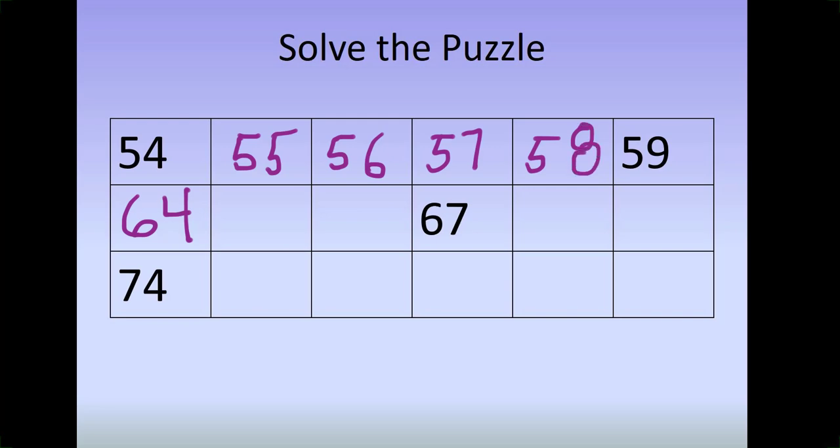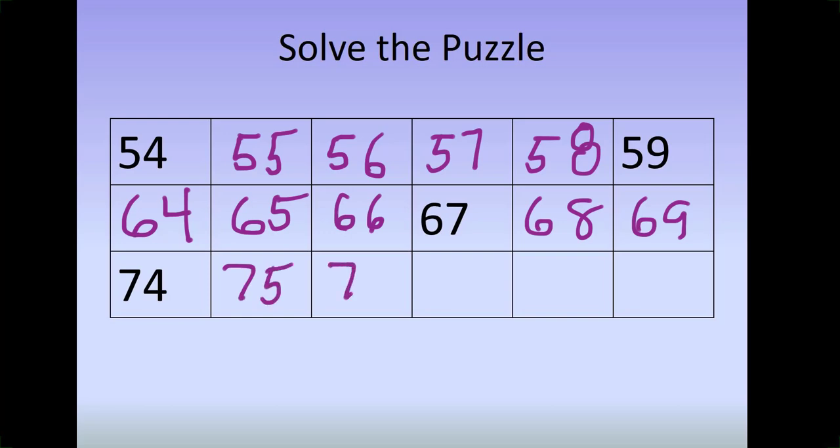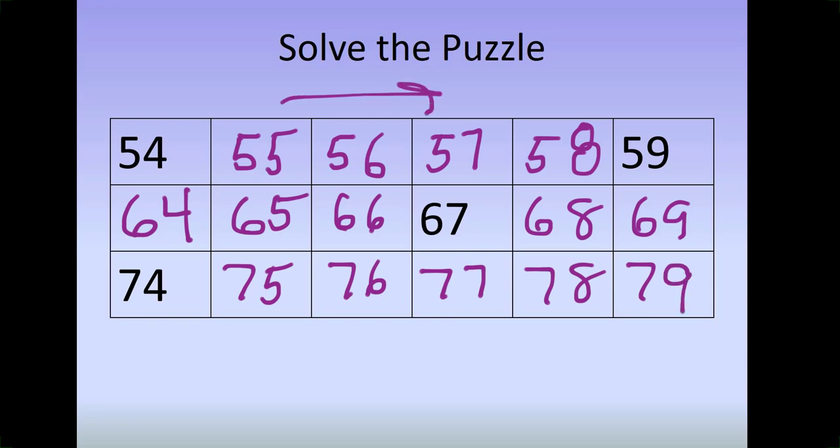And we can do this for the next row. So 65, 66, 68, 69, and then we have 75, 76, 77, 78, and 79. So we're counting in ones this way, and on this puzzle, we're counting by tens. So that is the puzzle.